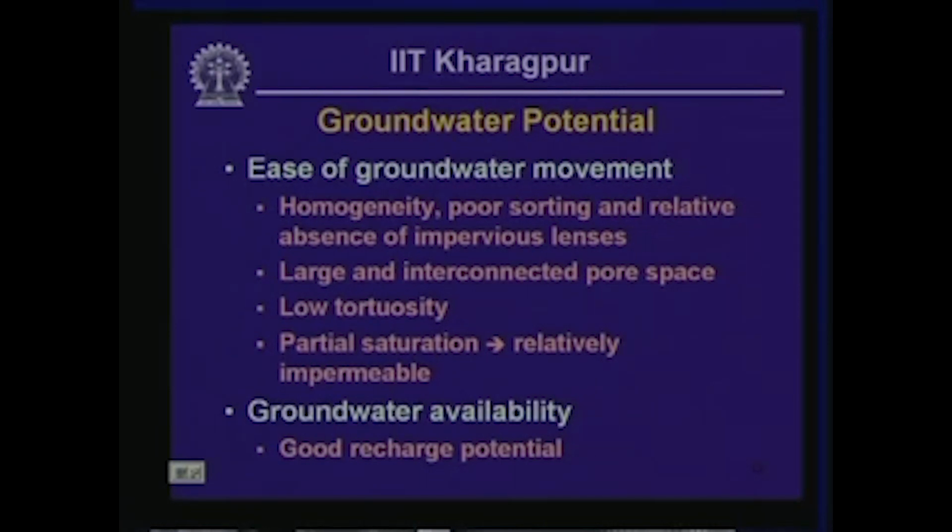So that tells us that if we have got, for instance, a well sorted deposit of gravel, for instance a glacial outwash deposit formed by glacial outwash process, that type of aquifer, that type of soil formation, if it is saturated with water, is going to act as a good source of groundwater.